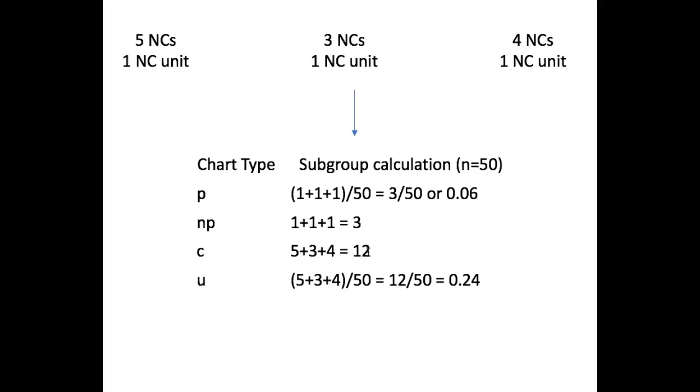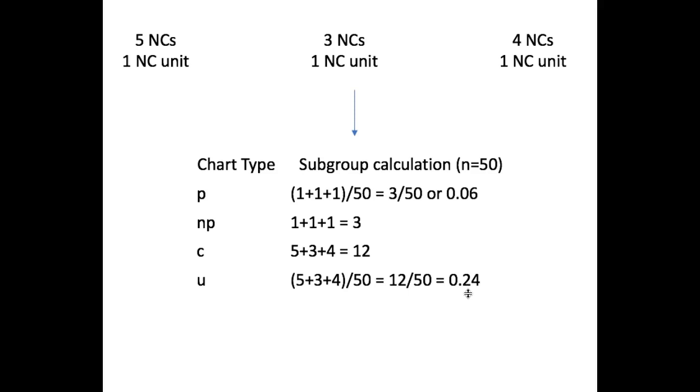But if we wanted to switch to a U chart and look at the fraction of nonconformities, we still have our count here, 5 plus 3 plus 4, but then we need to divide it by 50 because we've got 50 units in our subgroup. And so remember that U is a fraction base. So it's based on the total number of units in our subgroup. And so here we've got 12 over 50, or 0.24.